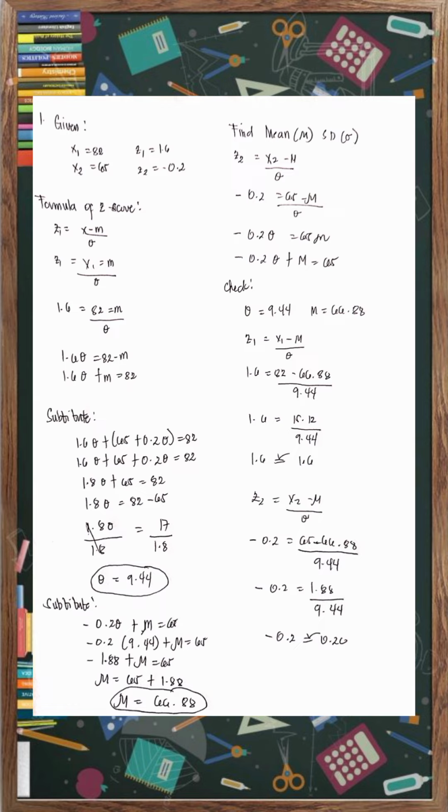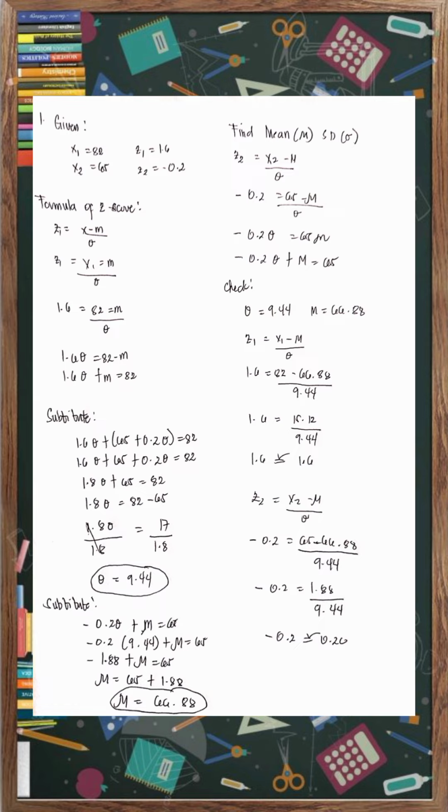And z equals x1 minus m, which is mean, over standard deviation, which is 1.6. It is z1 and equals 82 minus mean over standard deviation. So 1.6 standard deviations equals 82 minus m.